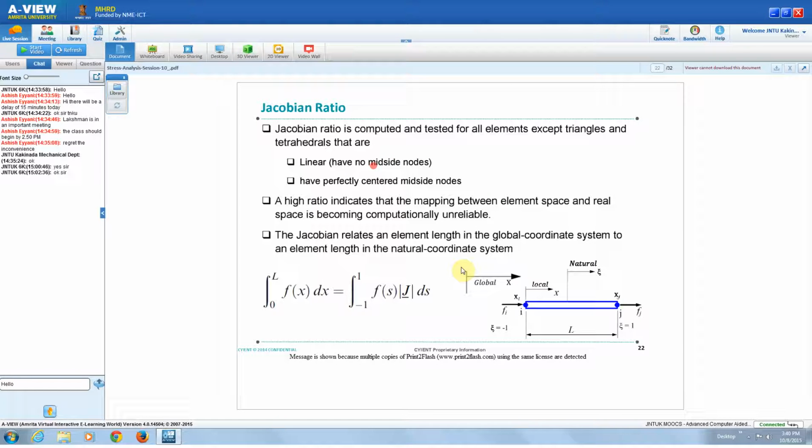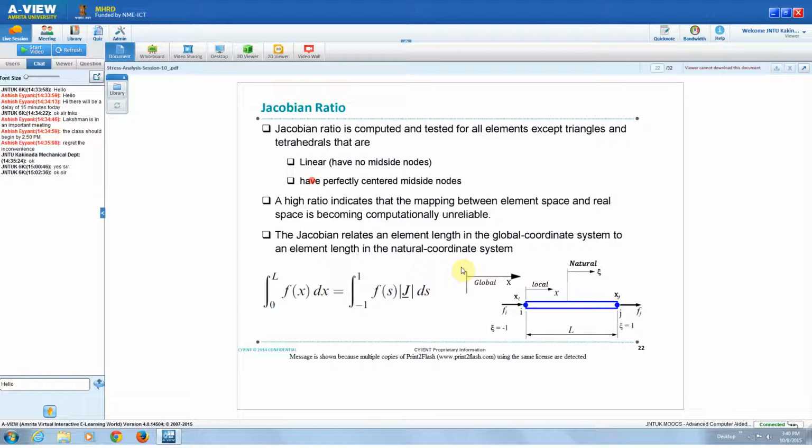Similarly, for triangles and tetrahedrals that have mid-side nodes, but these mid-side nodes are perfectly centered, it won't calculate the Jacobian ratio either. So this is very important. Jacobian cannot be calculated for trias and tetrahedrals which are linear, and also it won't calculate for trias and tetrahedrals with mid-side nodes placed perfectly at the center.